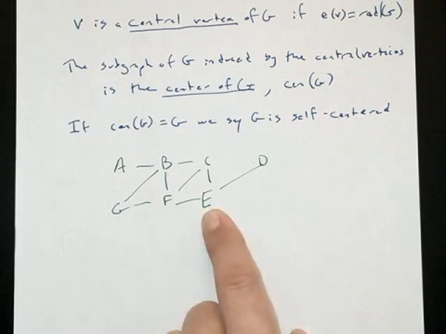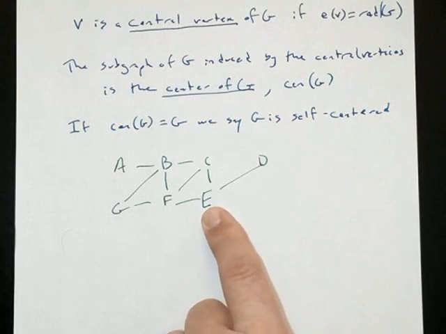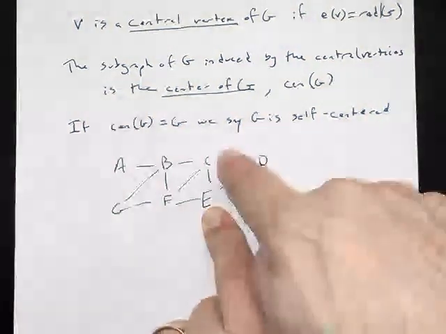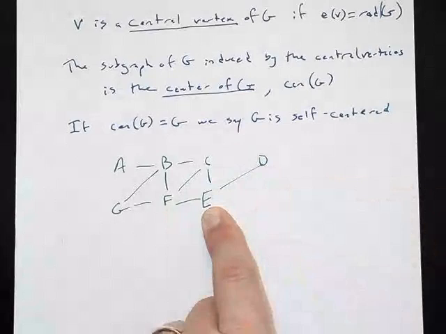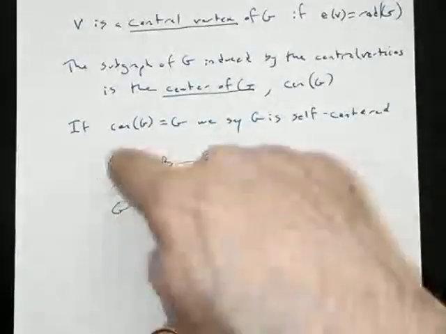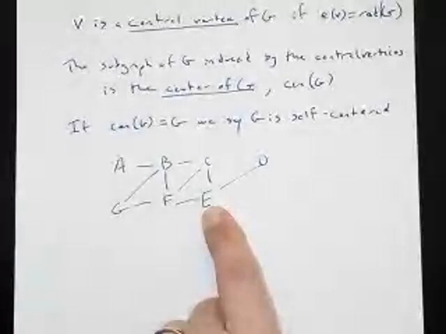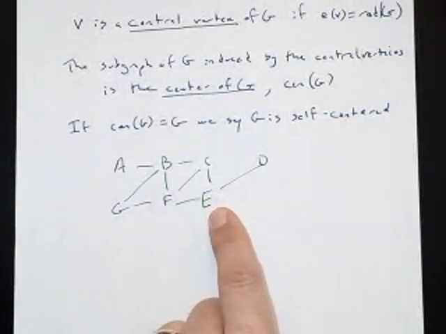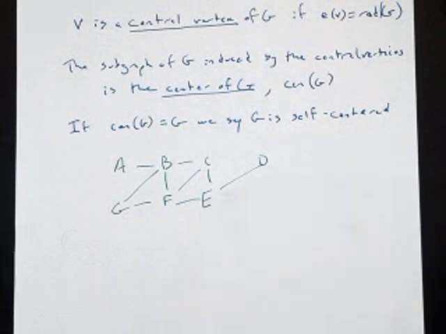E. Find the distance from here to the things furthest away. I think it's probably easier to find the distance from here to everything, right? So D, E, C, and F are all distance 1. That makes B and G distance 2. And that makes A distance 3, right? So the eccentricity of this vertex is 3. The furthest possible distance away.